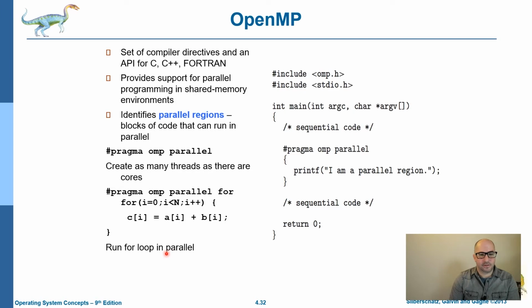OpenMP is a very different programming paradigm in that it uses C preprocessor directives, and it's available for C, C++, and Fortran. It's used in HPC occasionally, and it's geared towards systems that have shared memory. Note that the user, the programmer, identifies parallel regions. There are specific pragmas, which are preprocessor directives, text replacements.